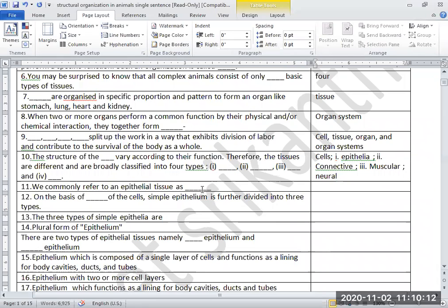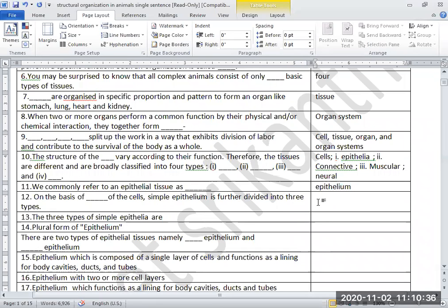We commonly refer to an epithelial tissue as epithelium. Okay, question number 12. On the basis of what the cells simple epithelium is further divided into 3 types?